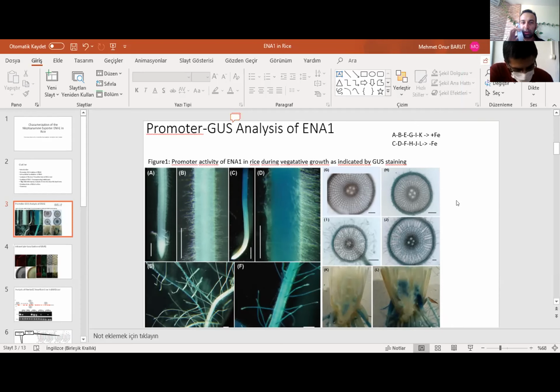So instead of promoter GUS analysis of NA1, I want to see something like, right now I don't know which picture is very important, but you can say, NA1 is active in the epidermal cells, for example. One of them should be more important, or maybe you can say 2 places where it is, and why it is very important.